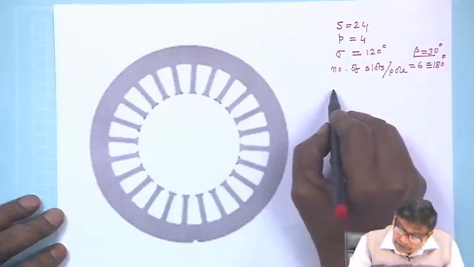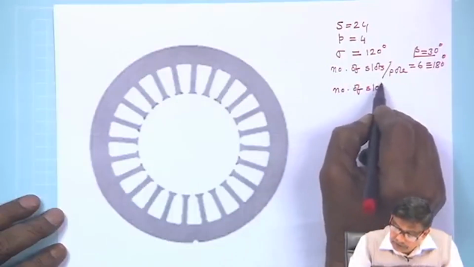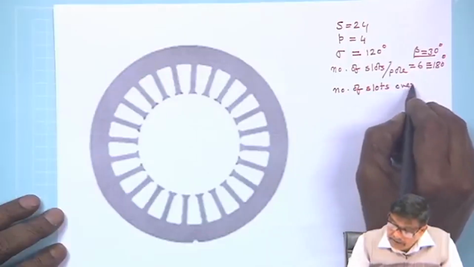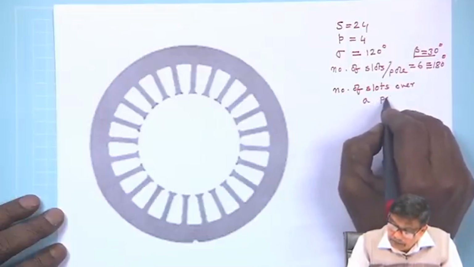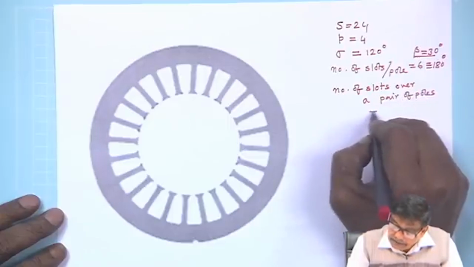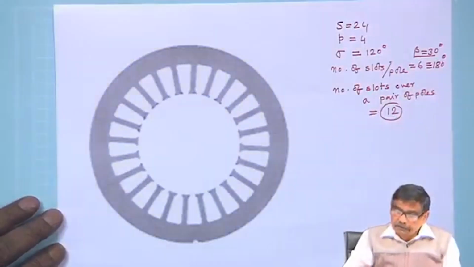It should be the number of slots over a pair of poles, which is 12, is it not, 2 into 6 for 1 pole.